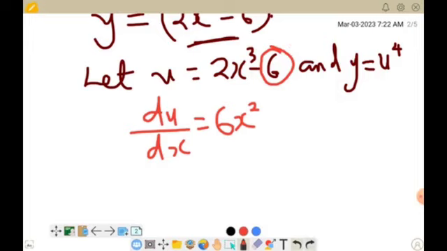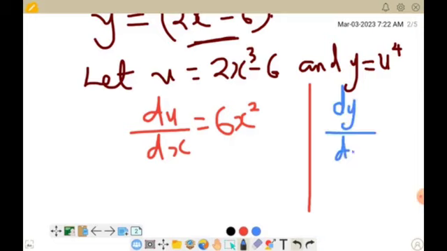All right. Next, we also differentiate the expression on the right hand side here, but now with respect to u. So here we have y, so we have dy/du, because we are differentiating with respect to u.